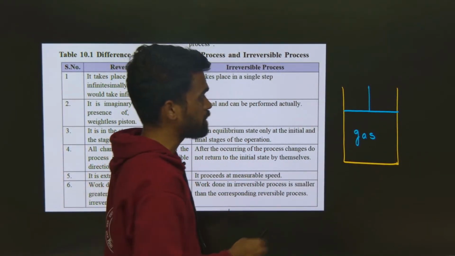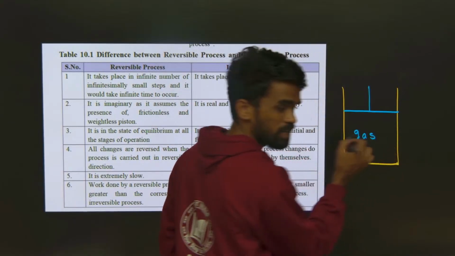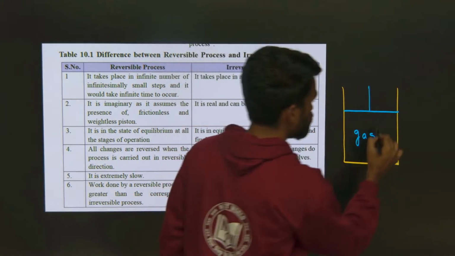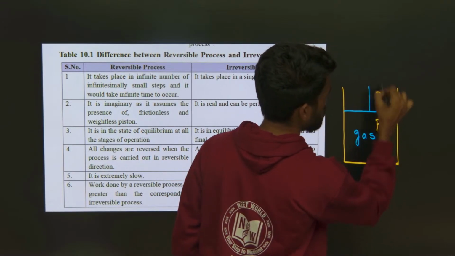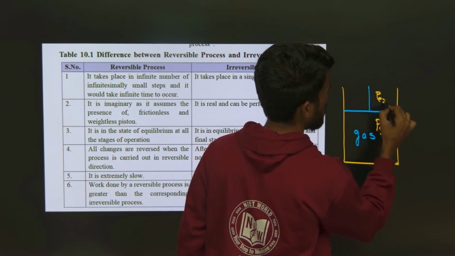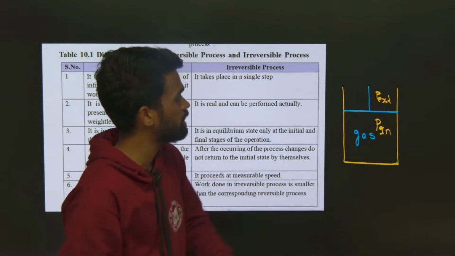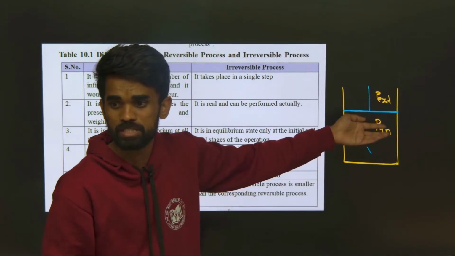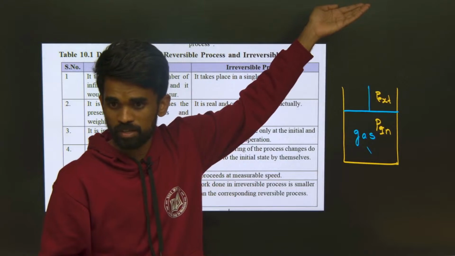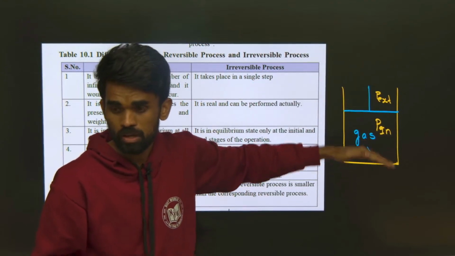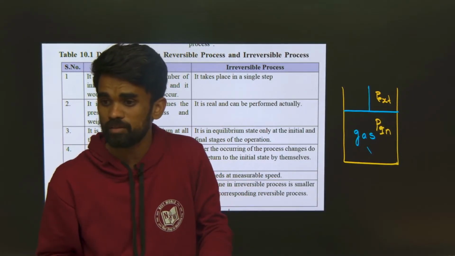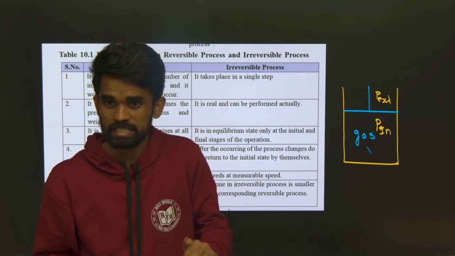Every gas has its own pressure, right? So P gas, or P internal, I am saying, and outside of this cylinder, on the piston, P external. So now what happens if internal pressure is more? What happens to the piston? Moves upward. Okay, if external pressure is more, it moves down. If both pressures are almost equal, it stays at the same position.